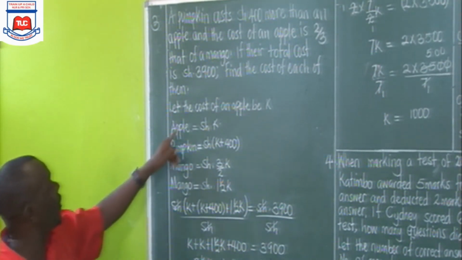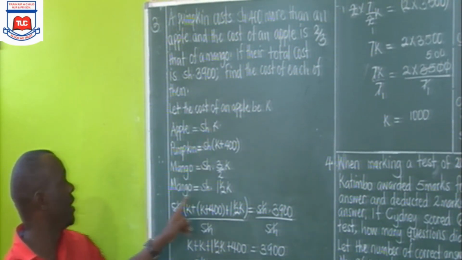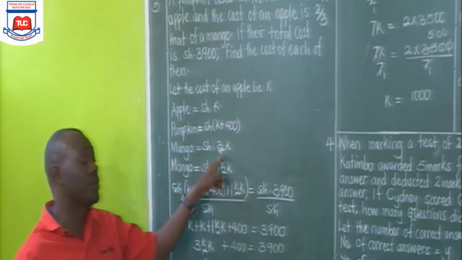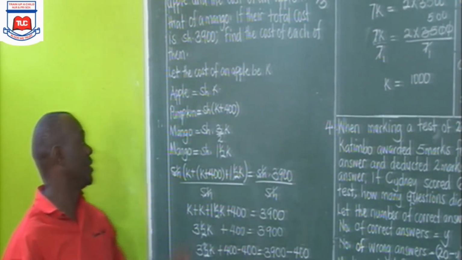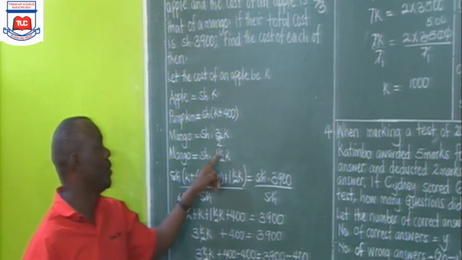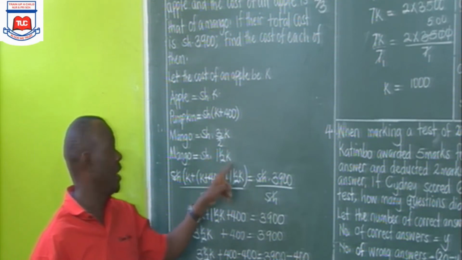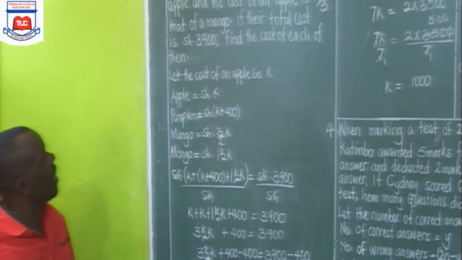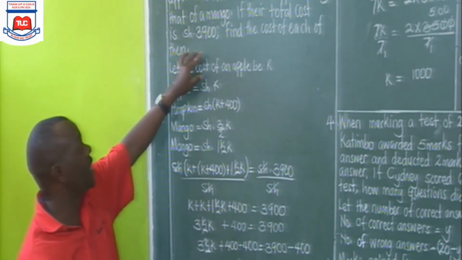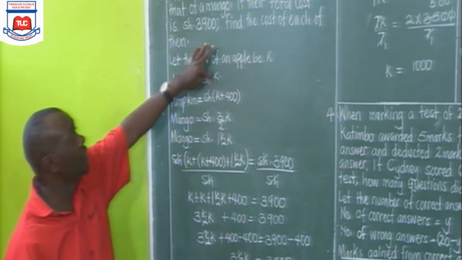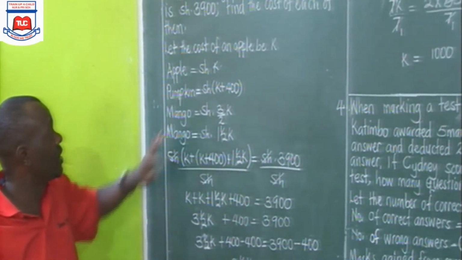So if an apple is K, then the mango is 3 halves, that's 3 out of 2 K shillings, which means 1.5 K. So a mango costs 1.5 K shillings. Now, if the total cost of all the items here is 3,900 shillings, this time round you are going to add everything here.